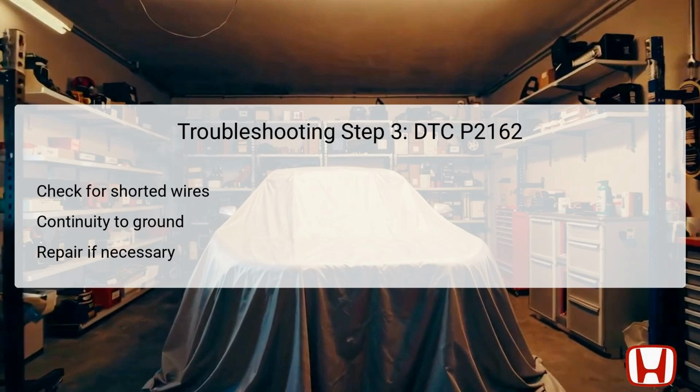This test is essential to ensure that none of the wires are inadvertently shorted to ground, which could interfere with the correct operation of the sensor and TCM. If continuity to ground is found, this indicates a short that must be repaired before further diagnostics can continue. If no ground connection is found at the test points, this suggests that the wiring is functioning correctly, prompting the next step of replacing the sensor unit.